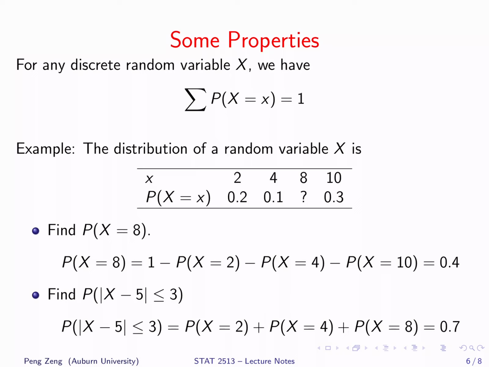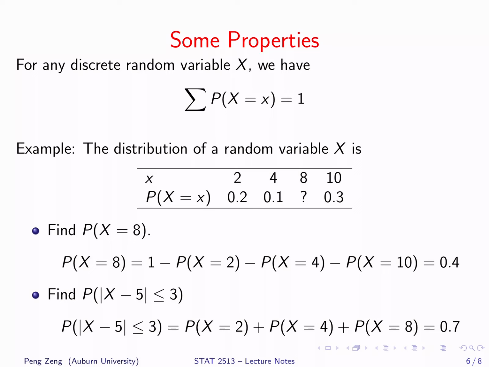We know the probabilities of 3 of them. The probability of 8 is missing. Because the sum of the probabilities equals 1, the probability of 8 is therefore 1 minus the remaining probabilities: 1 minus 0.2 minus 0.1 minus 0.3, which is 0.4.